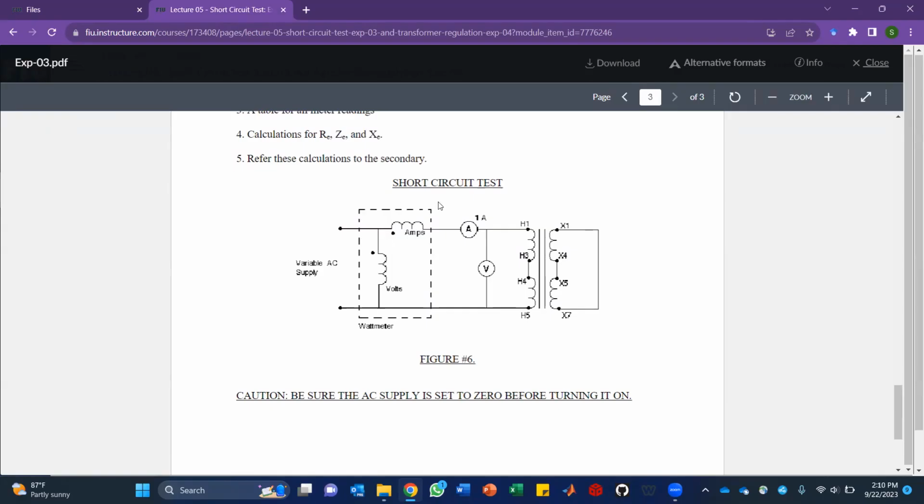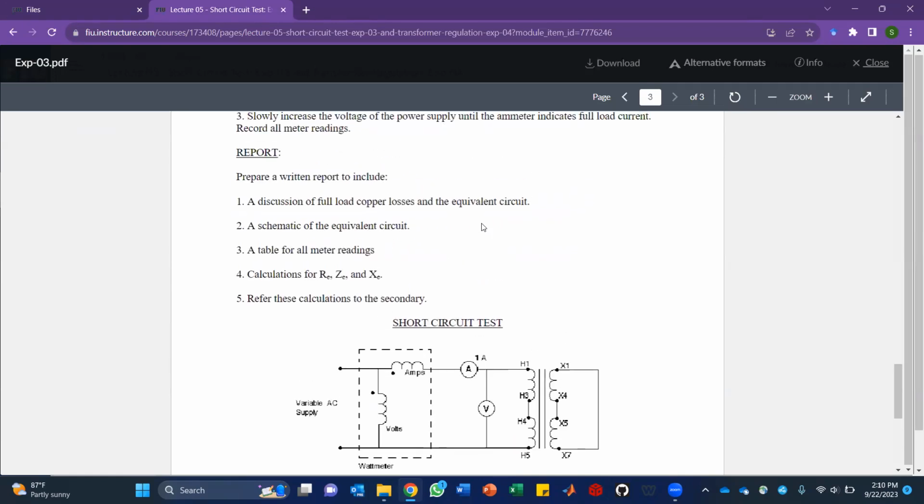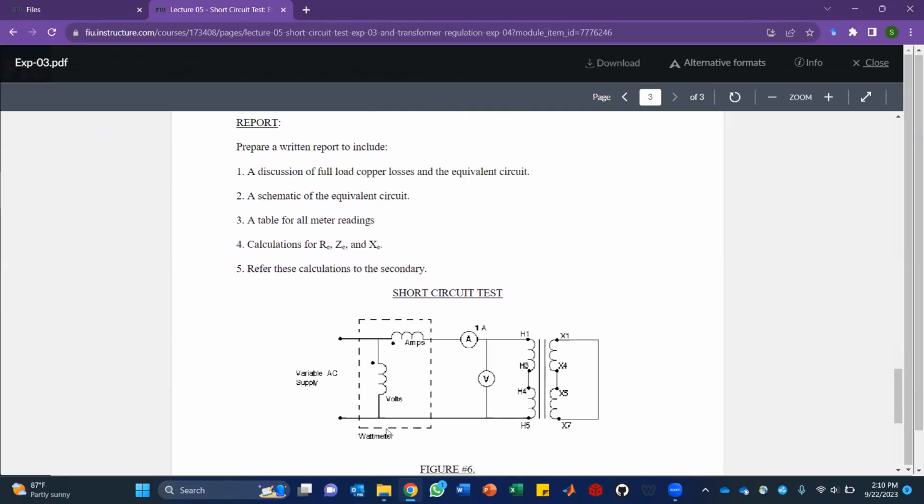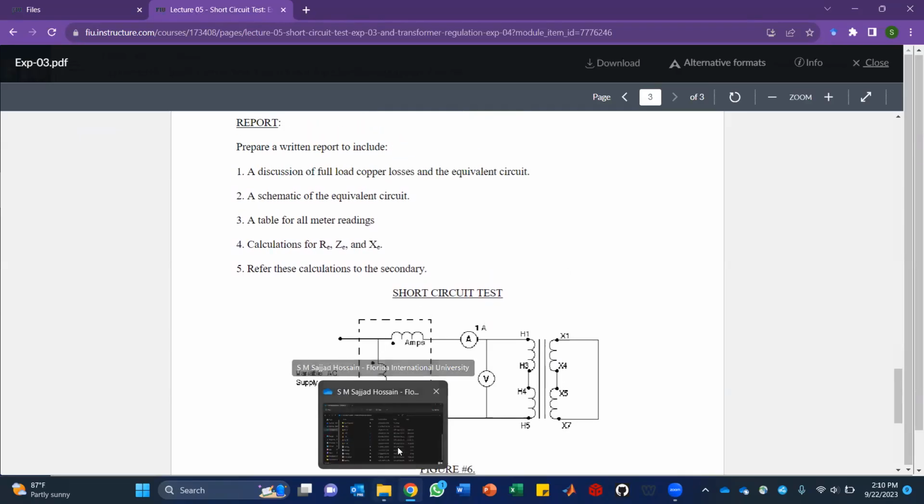Connect the power analyzer here, and supply voltage slowly, step by step, so that the current does not go beyond 1 ampere. We'll supply the voltage until the current reaches 1 ampere, and then we'll stop and collect that information.